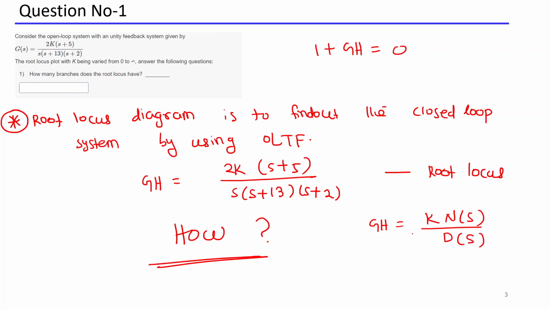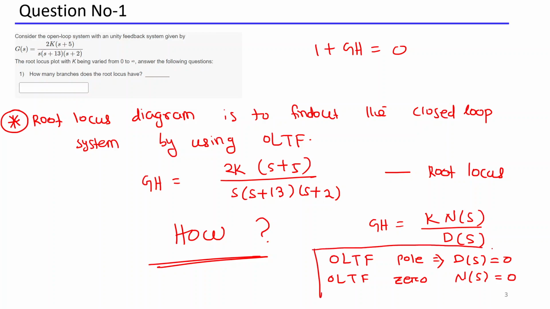If I ask what my open loop transfer function poles are, then you can say D(s) equal to 0. Similarly, for my open loop transfer function zeros, you can say K into N(s) equal to 0, so N(s) equal to 0. So these are my open loop pole and zero locations.